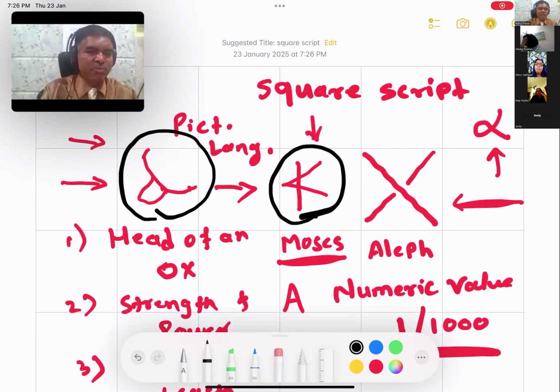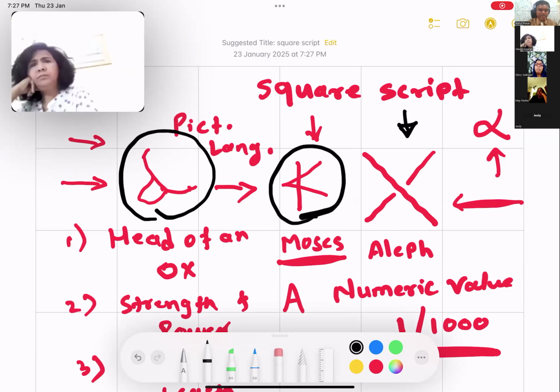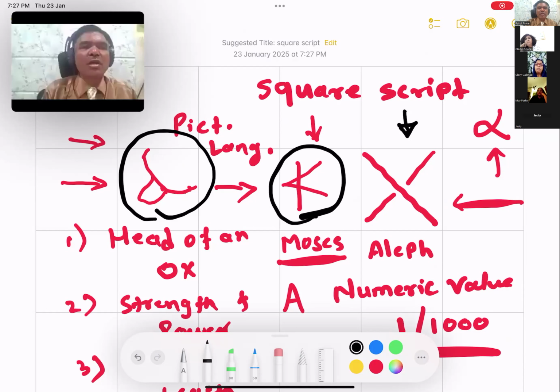The script was written, and when King Nebuchadnezzar, king of Babylon, captured Judah, during the period of captivity, they borrowed the script, and that script is called the Aramaic script, which eventually became the Hebrew script during the time of Ezra. So this script we are going to see everywhere in Israel.